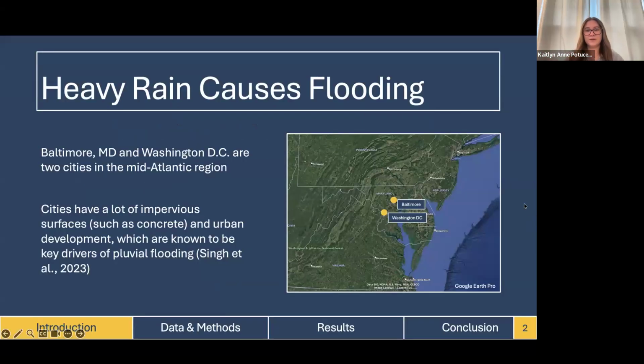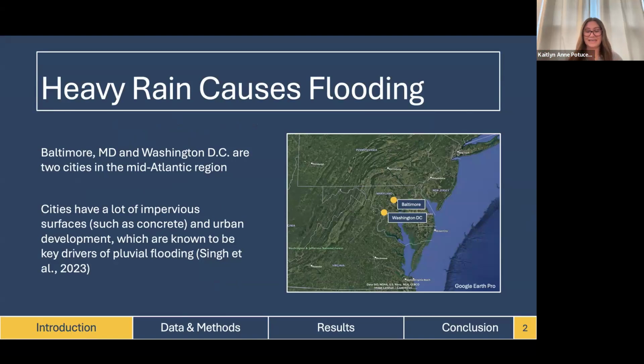It's important to understand when and where heavy rain falls because heavy rain can cause flooding. It's one of the key drivers of pluvial flooding in areas that have a lot of impervious surfaces, such as concrete and urban development.